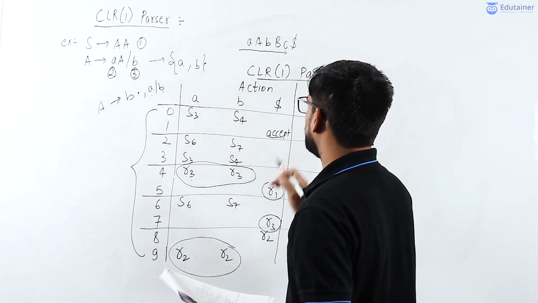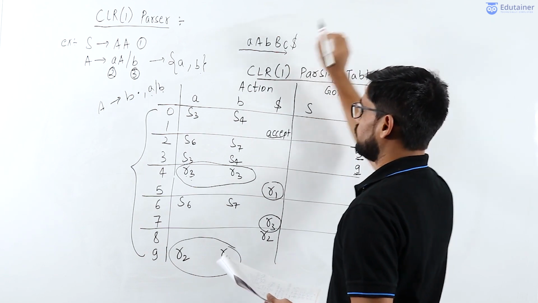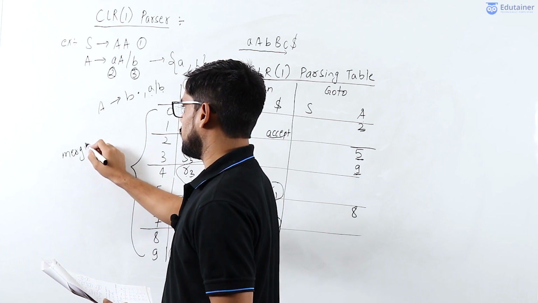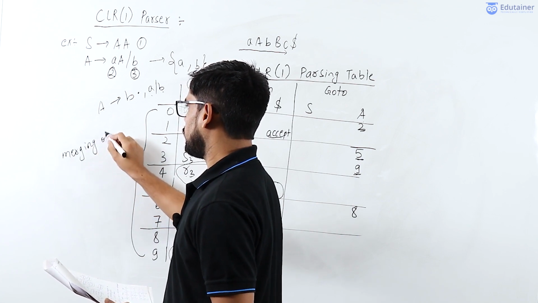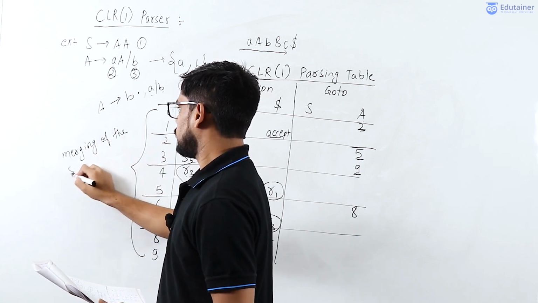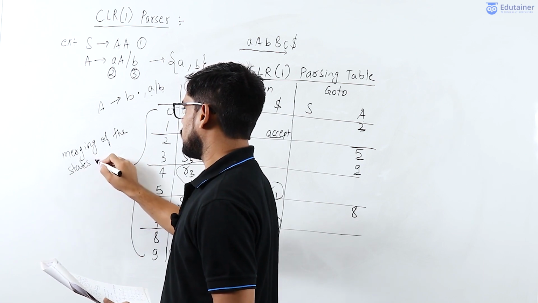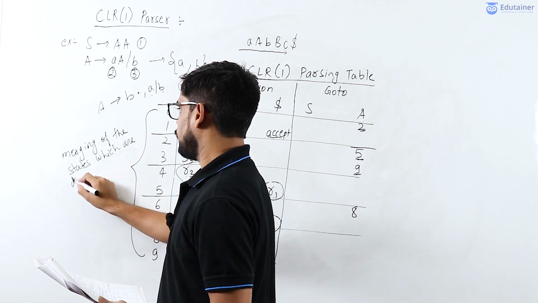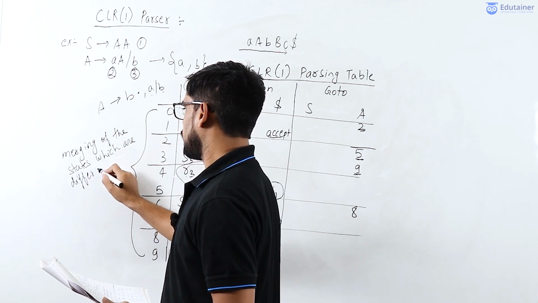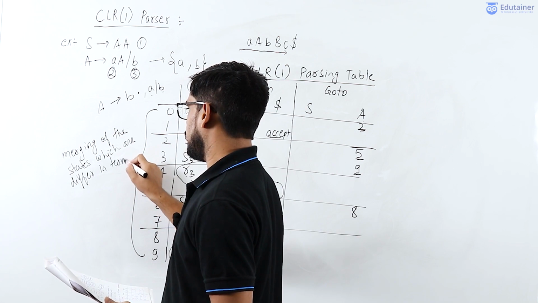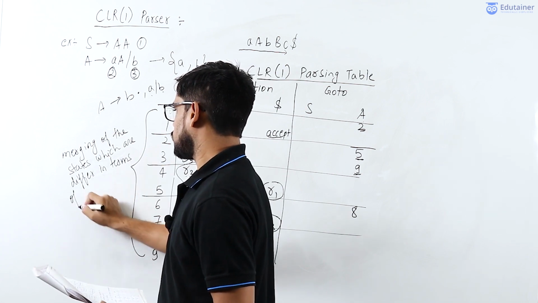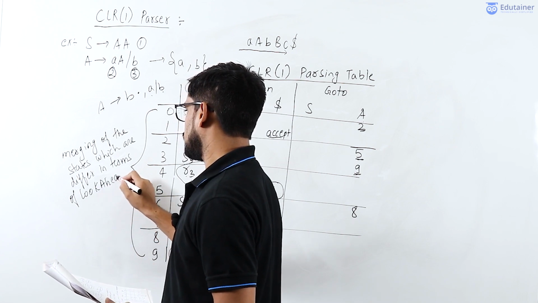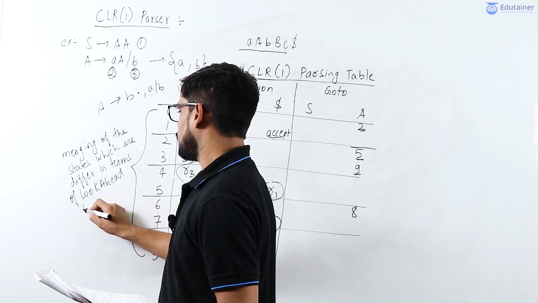So the LALR1 parser will do merging of the states which differ in terms of lookahead symbol. So what are the states which differ in terms of lookahead symbol?